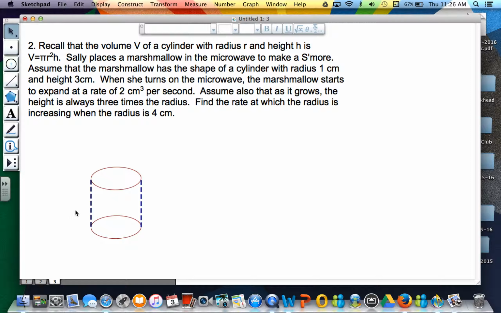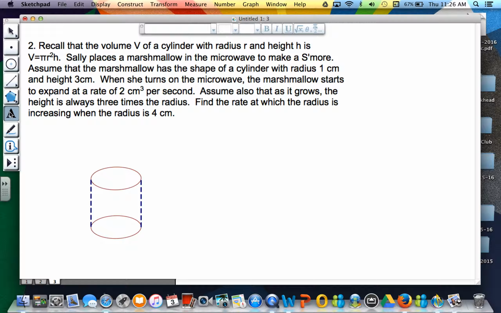When she turns on the microwave, the marshmallow starts to expand at a rate of 2 centimeters cubed per second. Assume also that as it grows, the height is always 3 times the radius. Find the rate at which the radius is increasing when the radius is 4 centimeters.